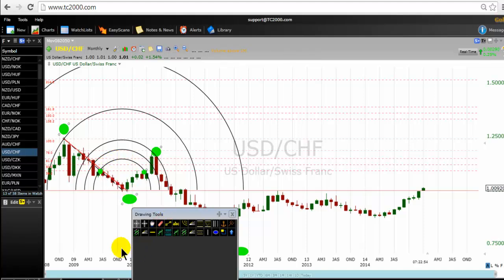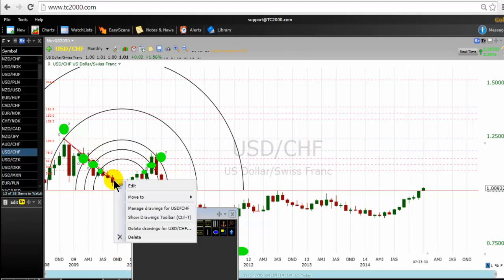The second one, you see, is drawn from two points of the normal 50% Fibonacci retracement level, and so on. And the third one is drawn from the 78% Fibonacci arc.